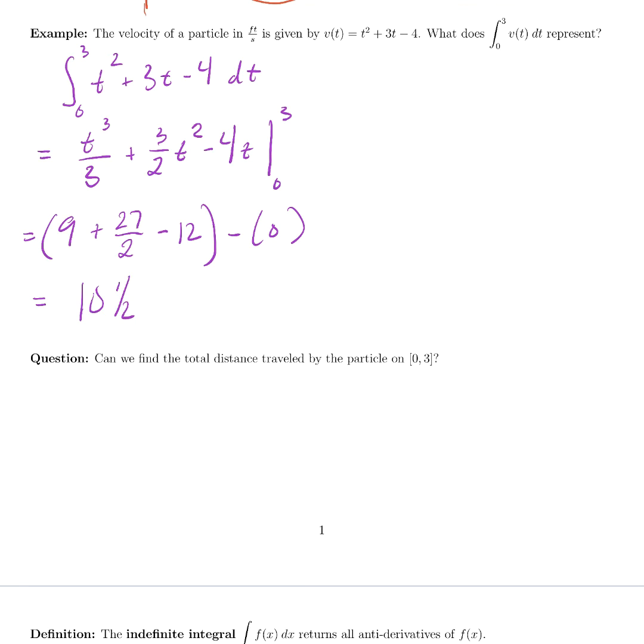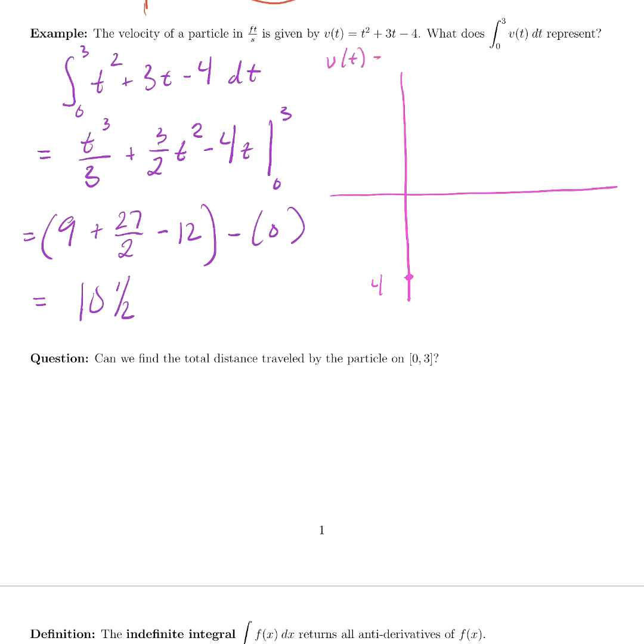What would the units on this be? I don't know. Let's learn something about this function. So we're looking from 0 to 3, so let's draw this picture. At 0, the output of this function is negative 4. Let's see, can we factor this thing?